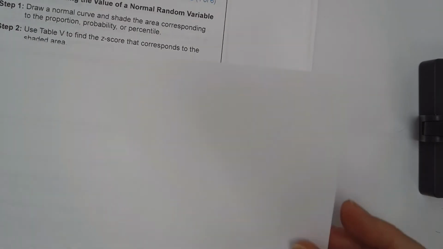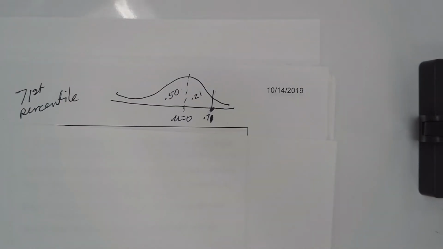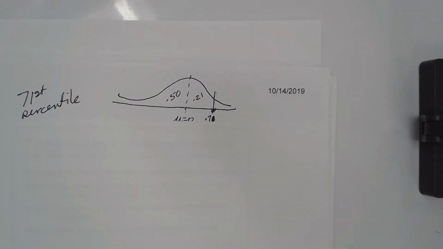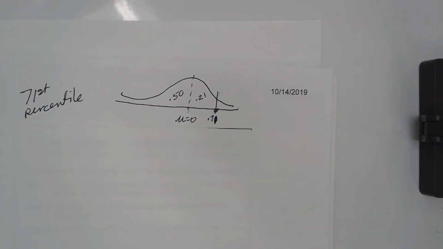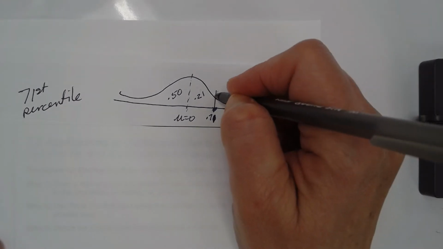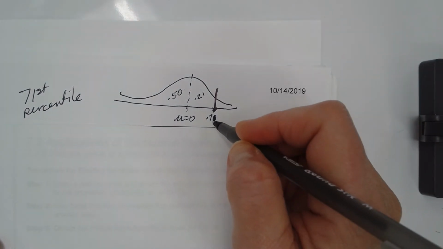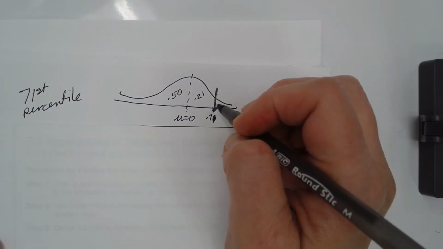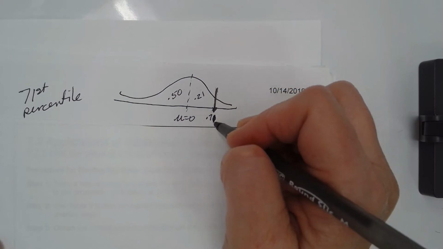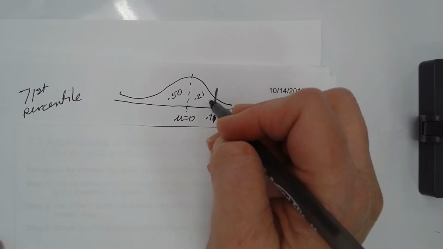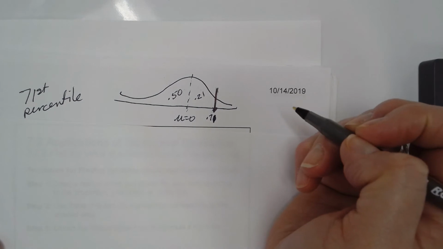Another idea that we've talked about before is percentiles. So for example, if something is the 71st percentile, that means that's the cut point where the Z value cuts off 71% of the data.